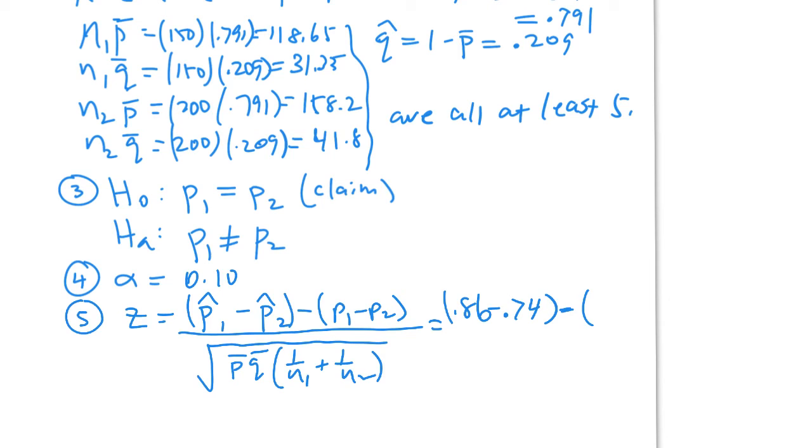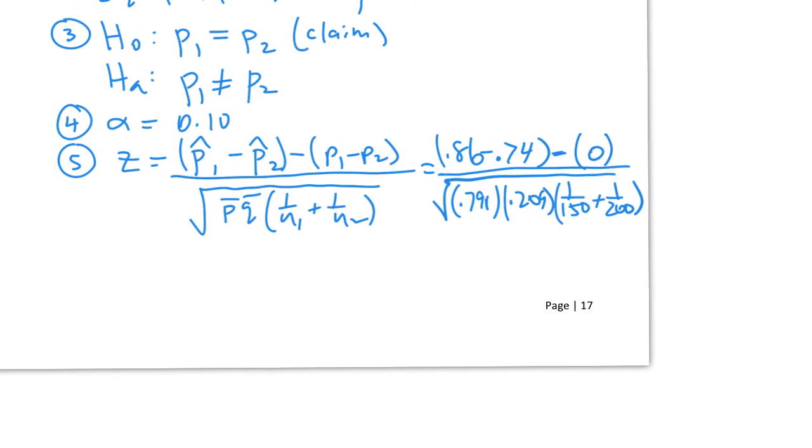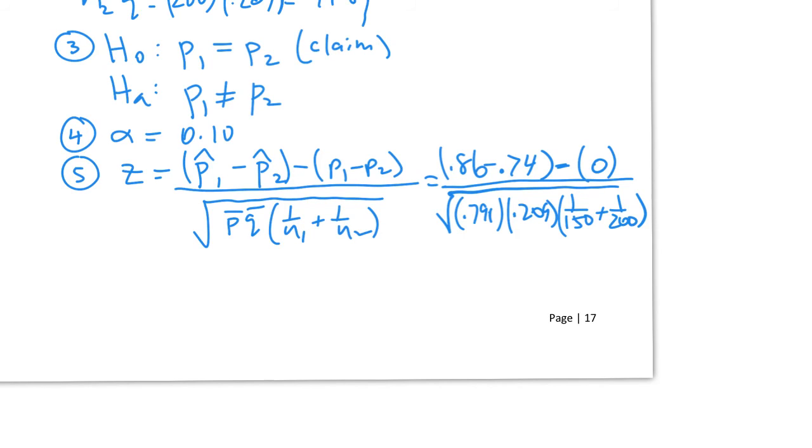Now the p1 and p2 themselves, if they're assumed equal, their difference would be 0. And then here we have our p bar, 0.791, multiplied by our q bar, 0.209, multiplied by 1 over 150 plus 1 over 200. Okay, so that's workable with your graphing calculator. I got a z-value of 2.73.